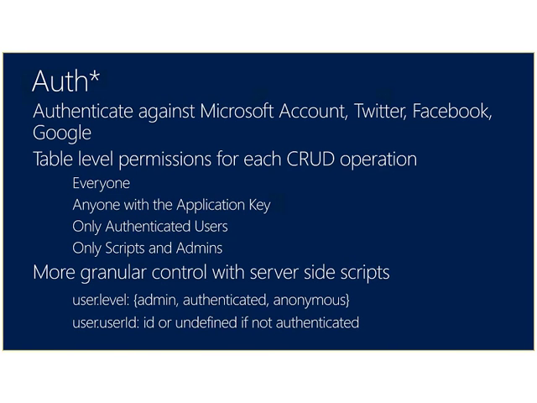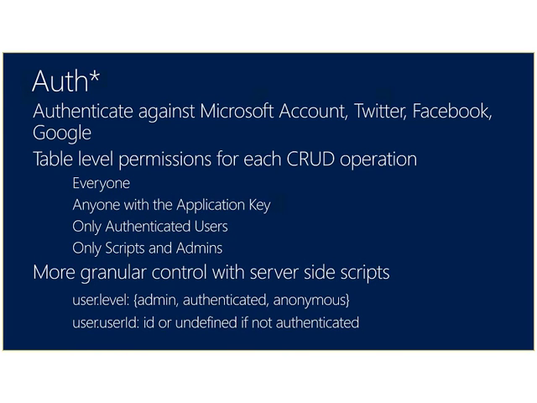Now for the table level permissions, I'll show you this. Right now, everyone is everyone. You don't have to have any type of credentials to get into it and see the data. By default, it's anyone with an application key. That's just if they have the application, they can get to the data. They don't need any additional privileges.